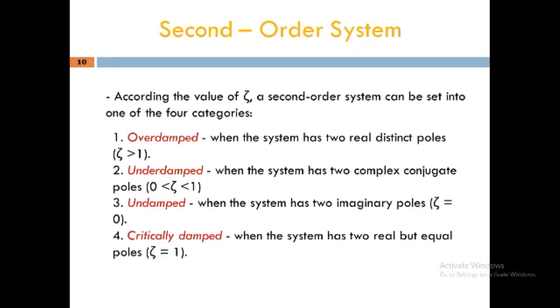In case of the overdamped system, the system has 2 real distinct poles, and sigma is greater than 1. In case of the undamped system, the system has 2 imaginary poles, that is the value of sigma is equal to 0. And in case of the critically damped system, the system has 2 real but equal poles, that is sigma is equal to 1.